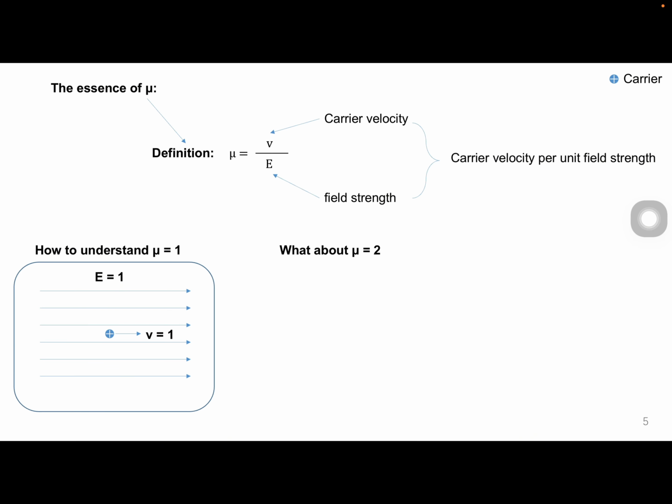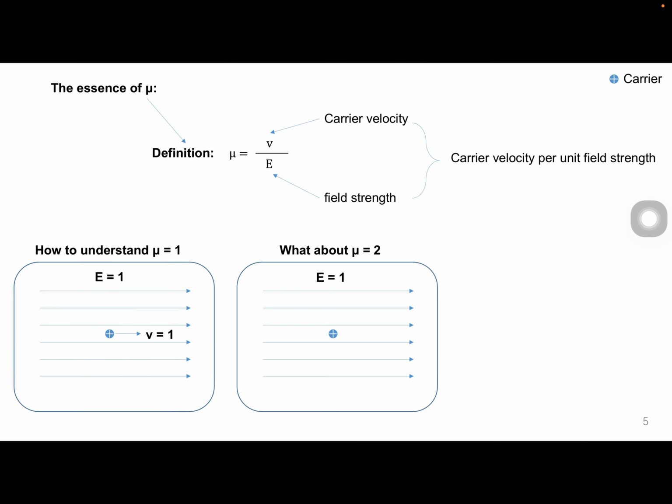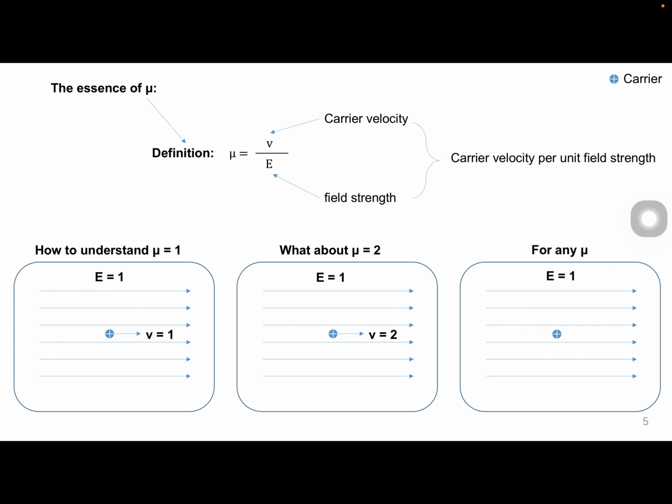What about mu equals 2? If mu equals 2, when placed in a unit electric field, the carrier velocity will be 2. For any mu, it means when a carrier is placed in a unit electric field, the carrier velocity will be mu.